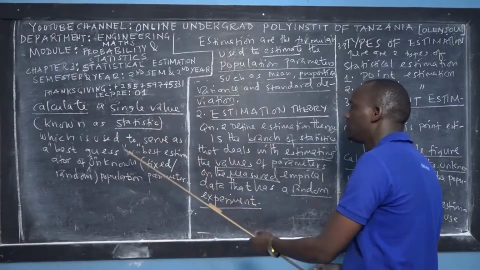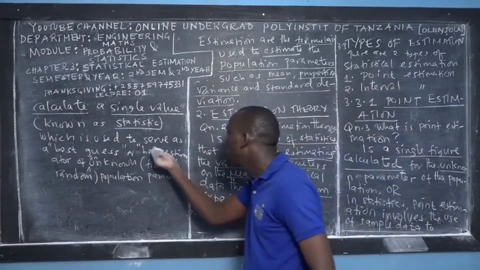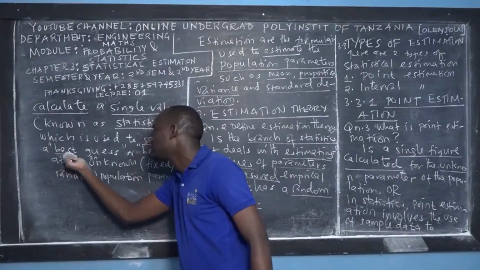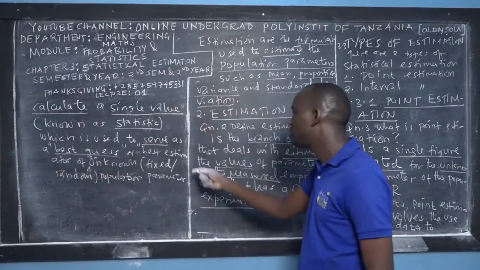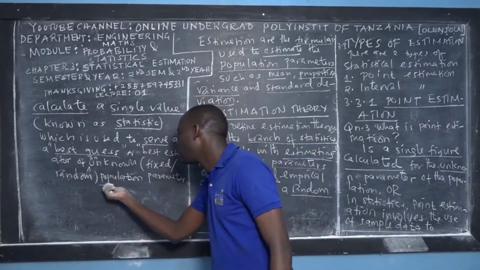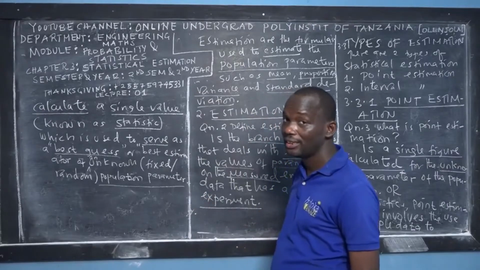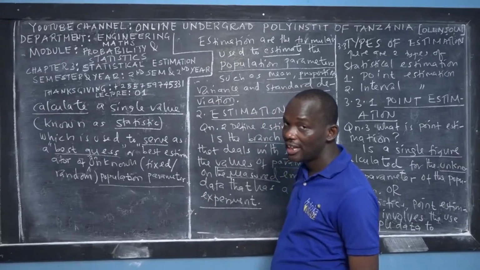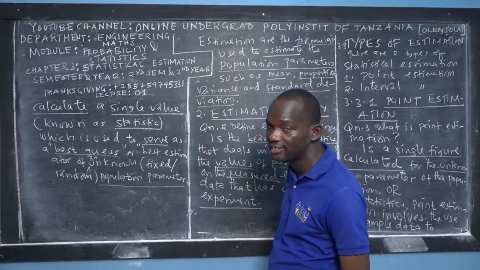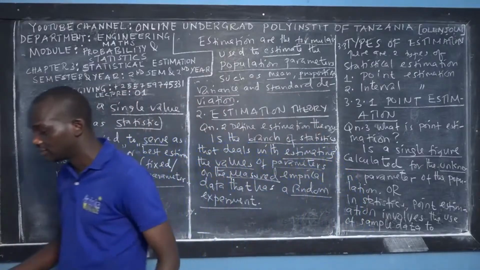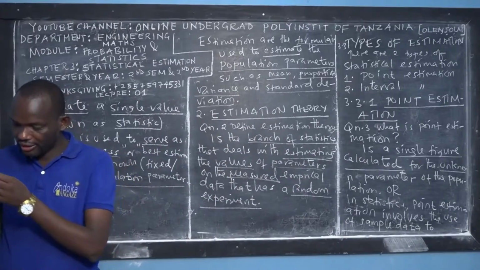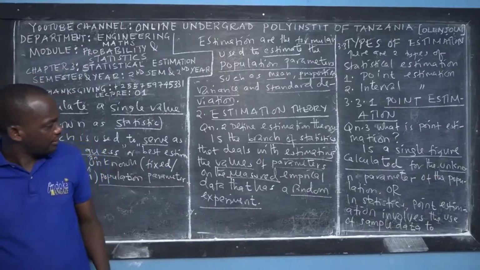And in statistics we call it a statistic, which is used to serve as the best guess, or best estimator, of the unknown population parameter. So what are the unknown population parameters? Mean, variance, standard deviation, and proportions, which might be a new term or new vocabulary, even for myself when I was in second year studies. So that is all about point estimator or point estimation.